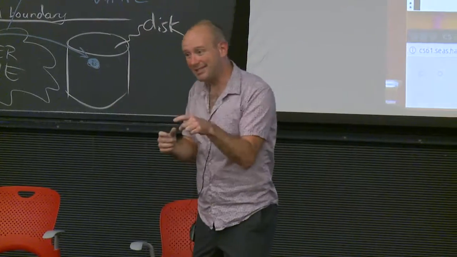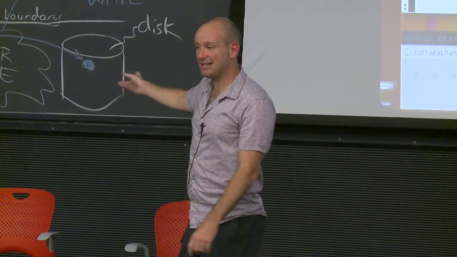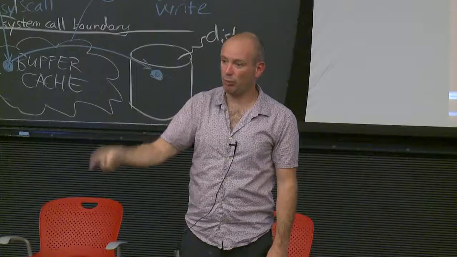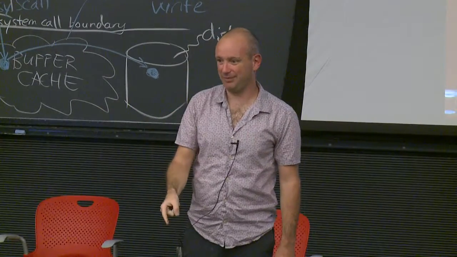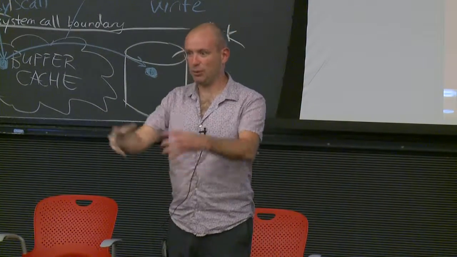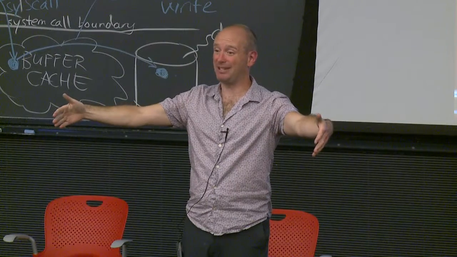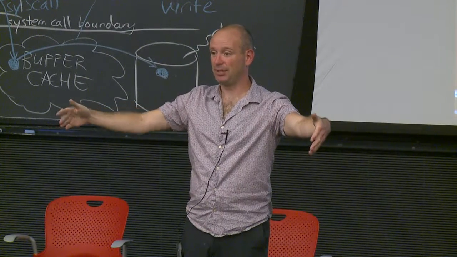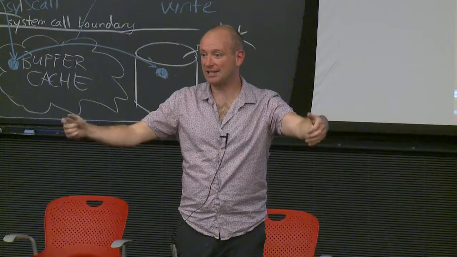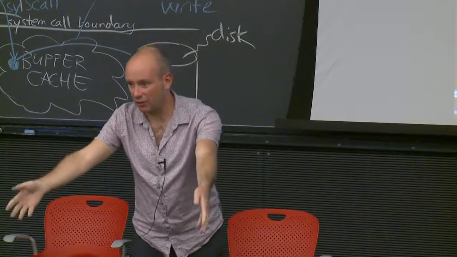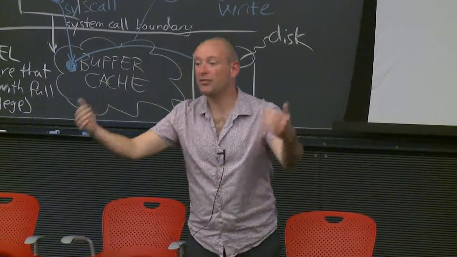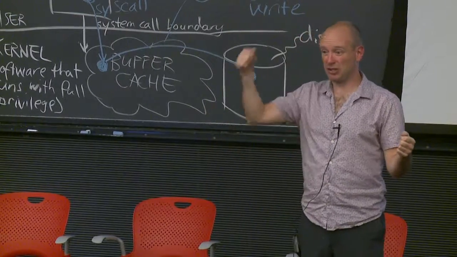So what that meant is that when the operating system was asked to write 1 byte, it would construct 4,096 bytes in memory, write the 1 byte at the correct place, ask the disk to write 4,096 bytes, wait for the response, return.